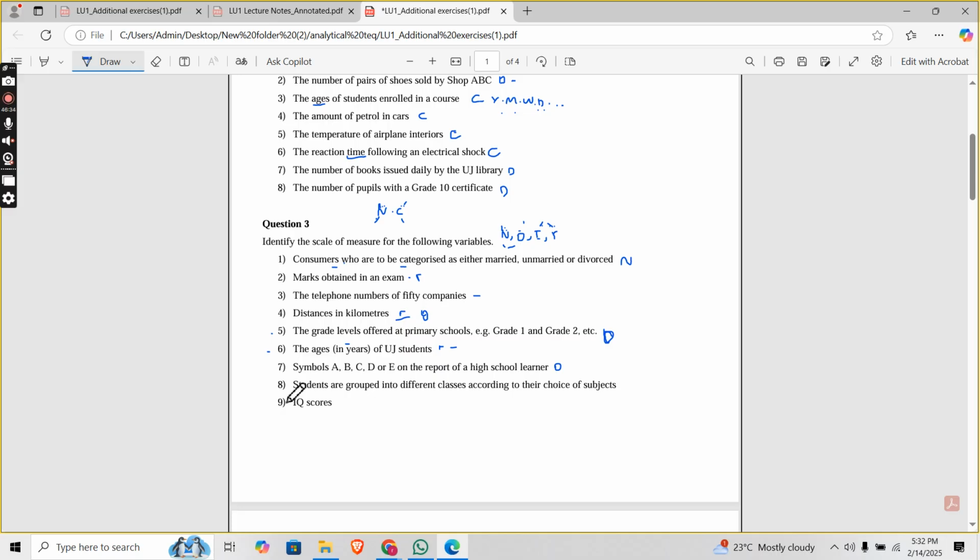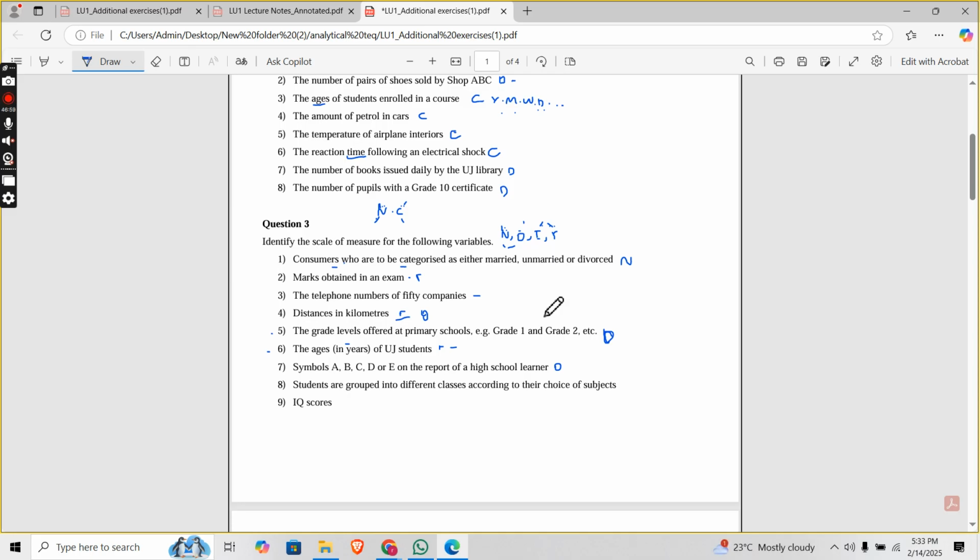Okay. Number 8, students are grouped into different classes according to their choice of subjects. For example, these ones are doing BCom accounting, this one BCom business management, these ones logistics.